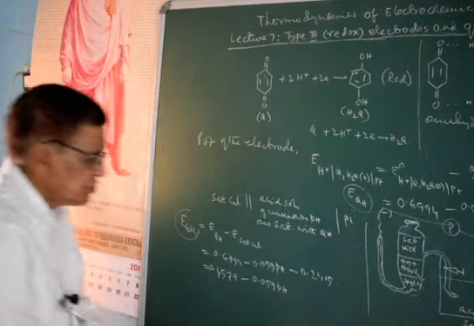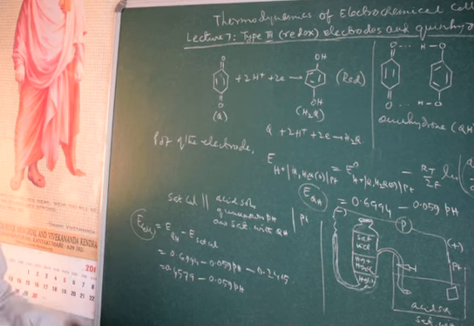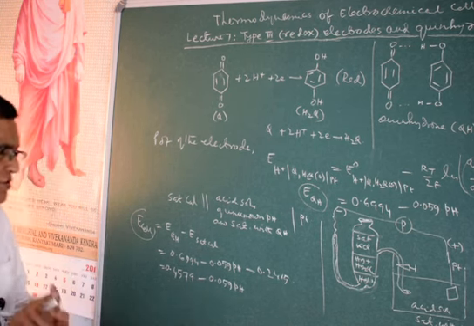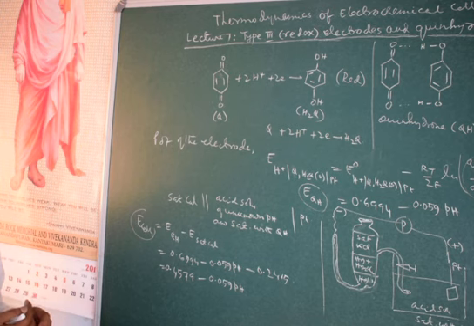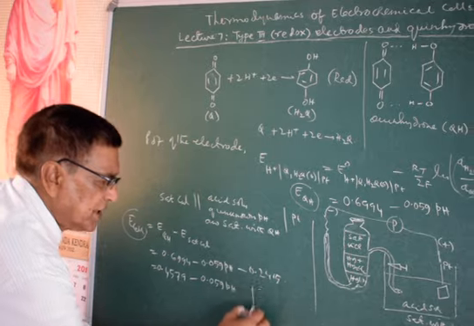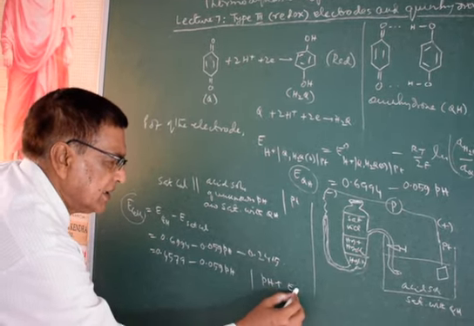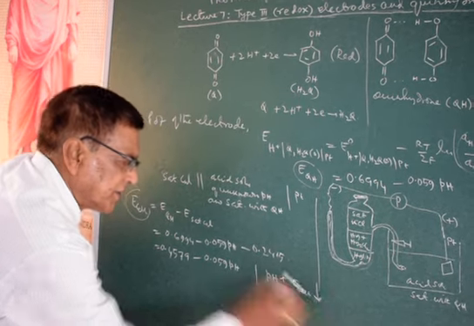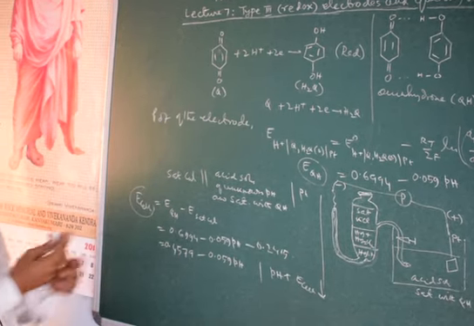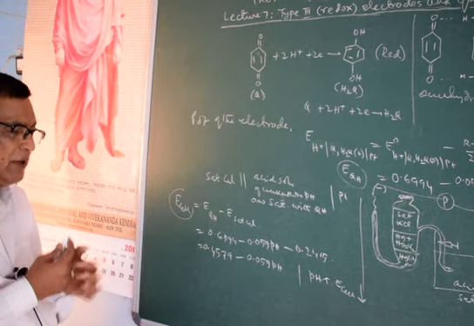So this potentiometer determination of this cell potential gives the pH of these solutions, and as it is seen, as this pH is increased, E cell is decreased. So at a certain pH, the cell potential will be equal to 0.